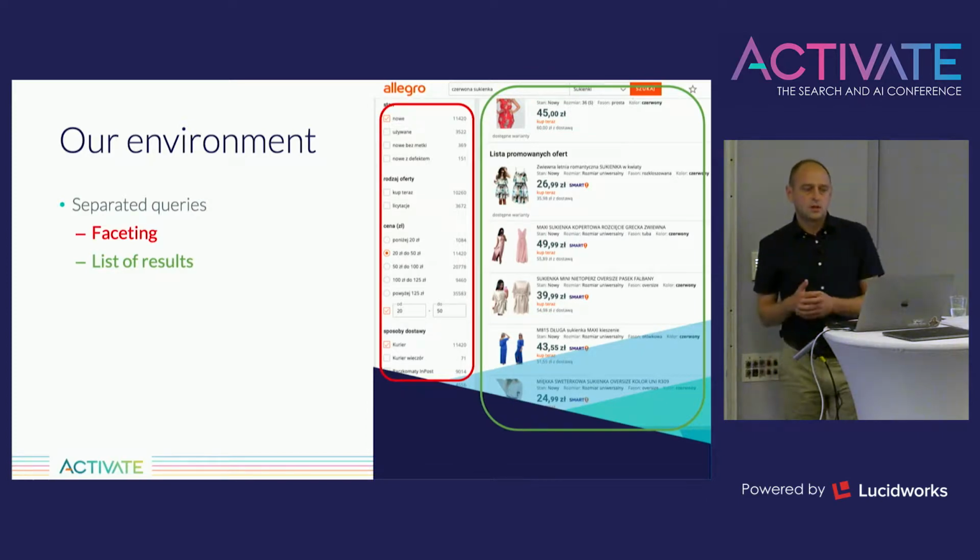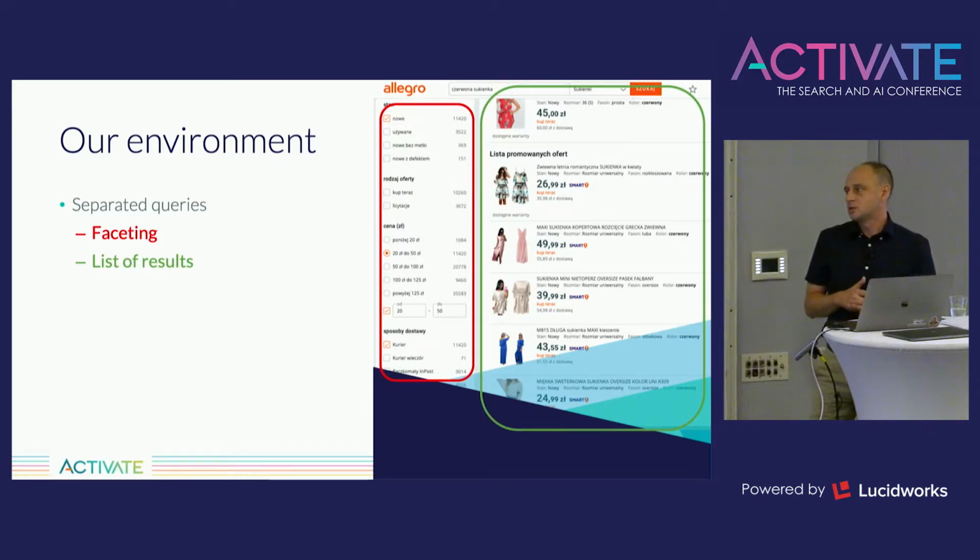And there is one thing I'd like to say: in our case we built listing with two Solr requests. The first request is for faceting, that's the building of the red box for the counters of different categories or parameters, and the other request is done for returning the list of IDs for the products to be presented on the page of the listing.